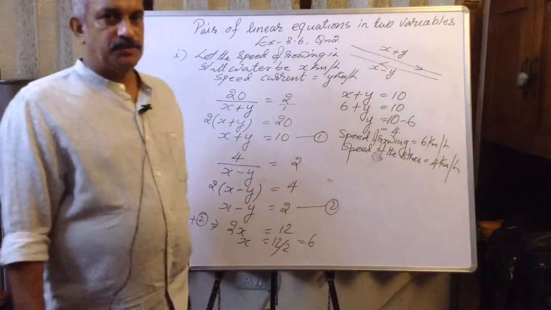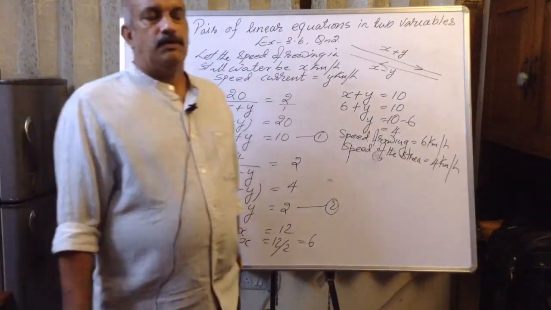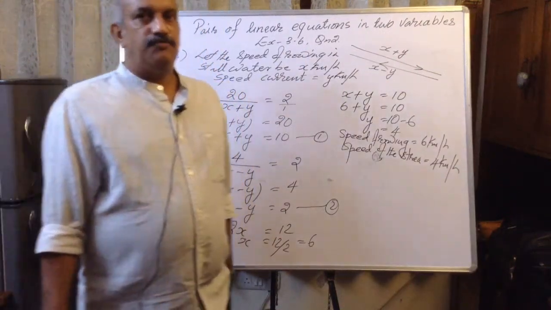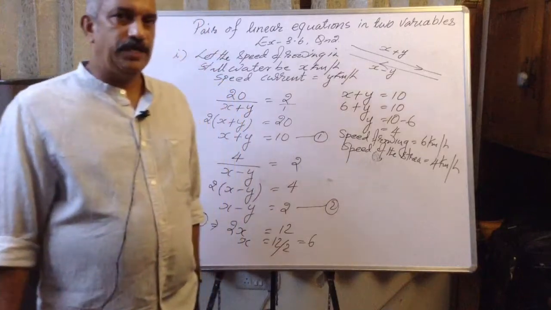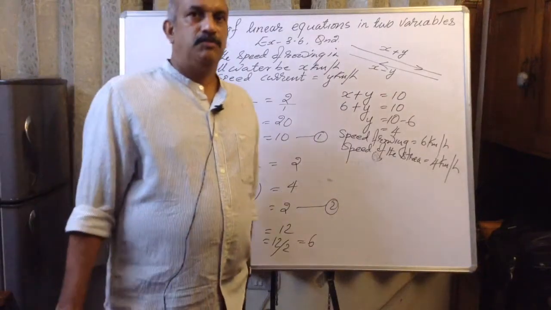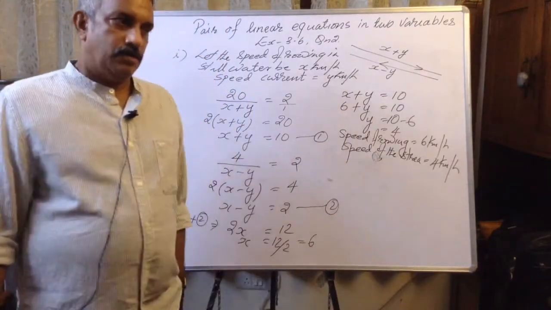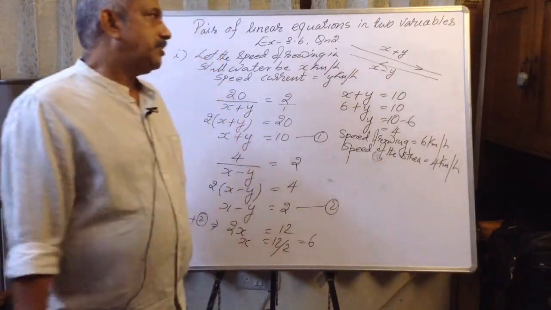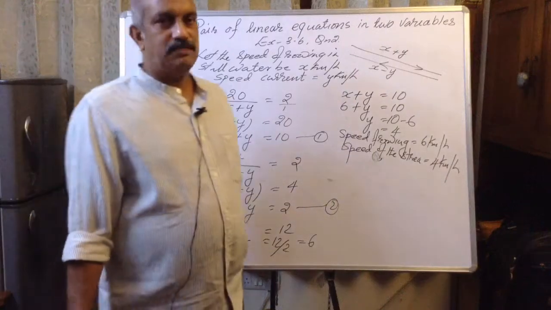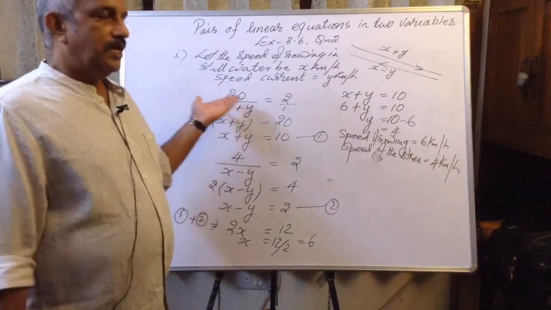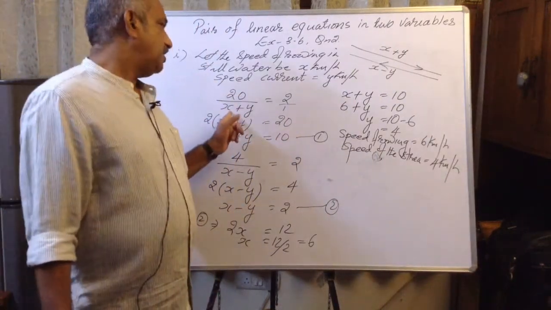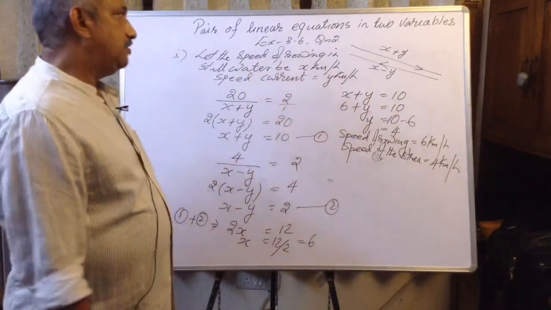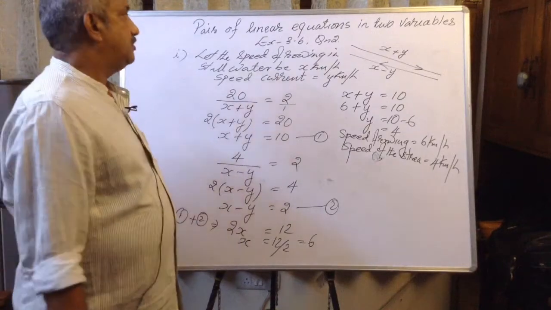But in the case of upstream, the resultant speed will be x minus y, the difference of speed of rowing and speed of flow of water, because one is going upward and the water is carrying downward. So resultant speed will be minus only, so x minus y. Then we have the formula distance upon speed is equal to time, directly substitute, then cross multiply, you will get simple equations and you will get the answer.